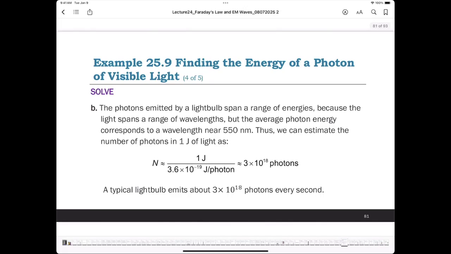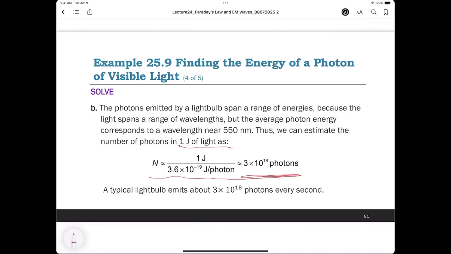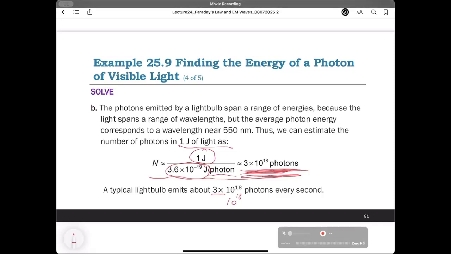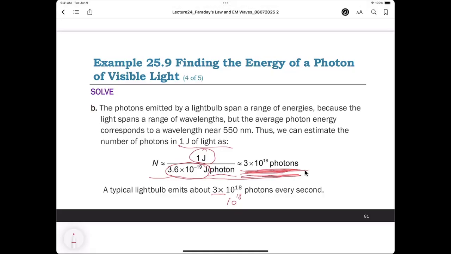Thus, we can estimate the number of photons in 1 joule of light as this number, because one photon has this energy, so 1 joule needs these many photons. A typical light bulb emits about 3 times 10 to the power of 18 photons every second. It's a lot, am I right? Okay, let's assess this result.